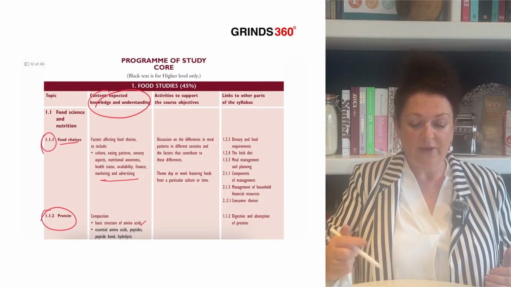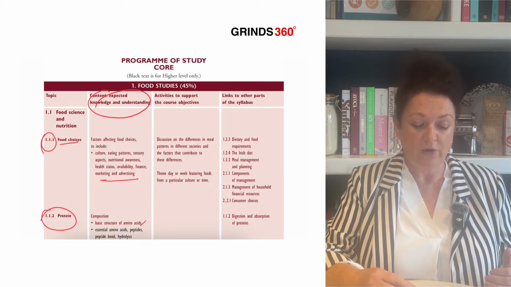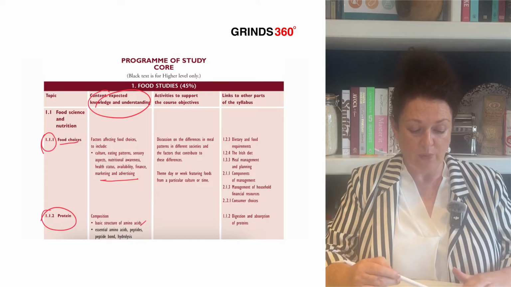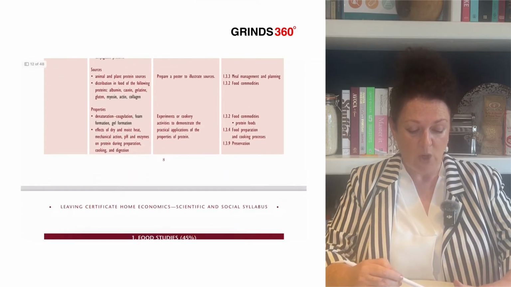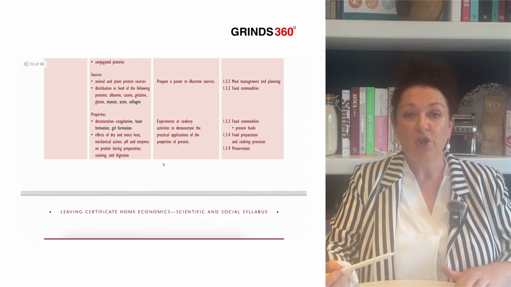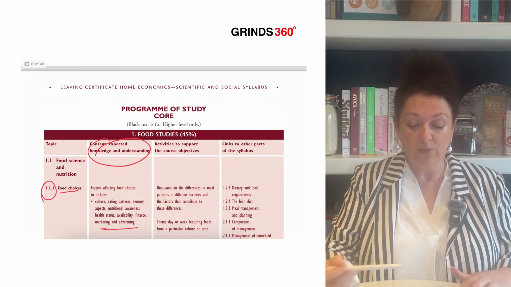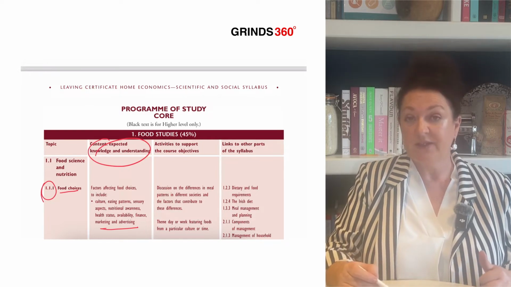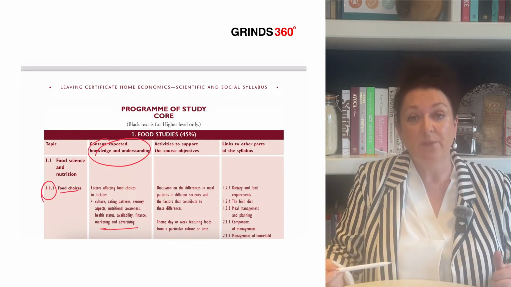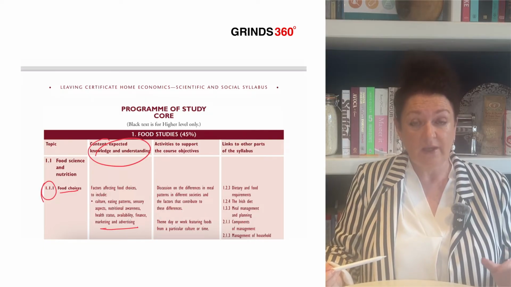You can see there that I've highlighted the content expected. Just to zone in here, you can see 1.1, 1.1.1, 1.2, 1.1.3, and so on. You will be receiving a book with all of the Home Economics notes, and any content expected, as laid down by the Department of Education, will be covered in great detail in that book.